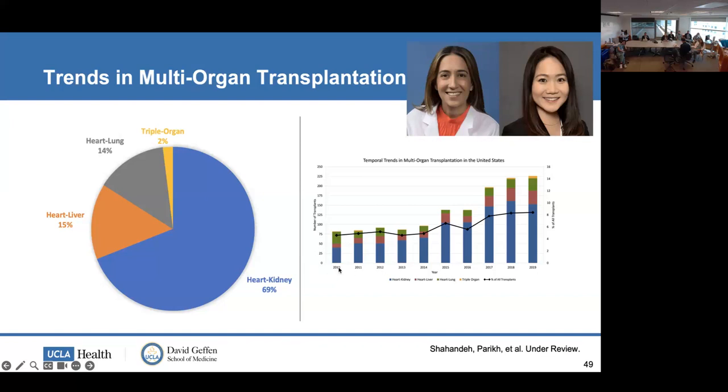Over time, from 2010 to 2019, you can see that the percentage of all transplants that are multi-organ goes from about 6-7% to nearly 15% in 2019. Again, mainly heart-kidney. And just the sheer number of overall transplants on the left here you can see is a little over 75 to now approaching 225. And this work is under review at JHLT.